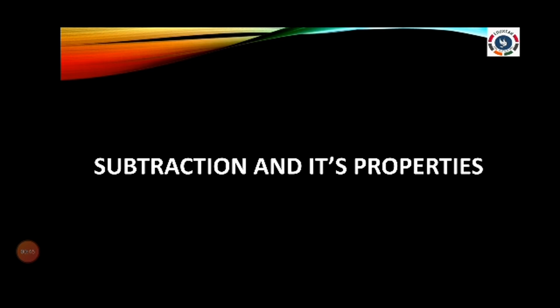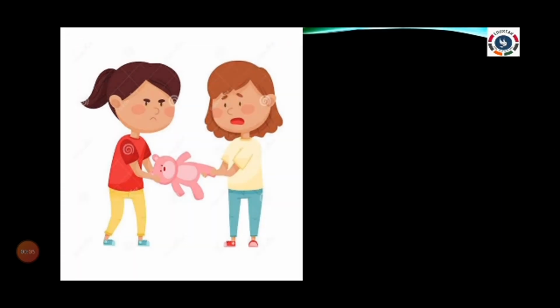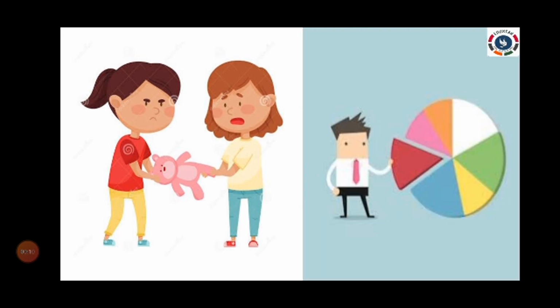Now you see here, subtraction and its properties we are going to study now. One of the girls takes away a doll from another girl, isn't it? And in another image, one of the boys takes away one piece from the circle, isn't it? So what do you mean by that?